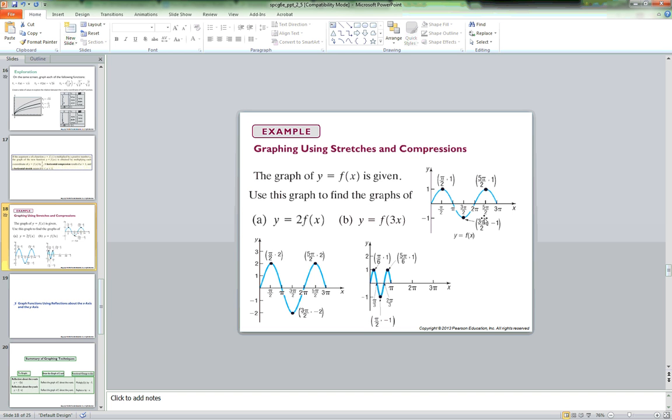Here, 3 pi over 2, we're going to multiply that by 1/3 to give us pi over 2. So the same wave happens, it just happens 3 times as fast. So normally this would take us 3 pi on the x-axis to have a complete wave like this, but in this case it is happening by pi, so a third faster, compressing it horizontally.